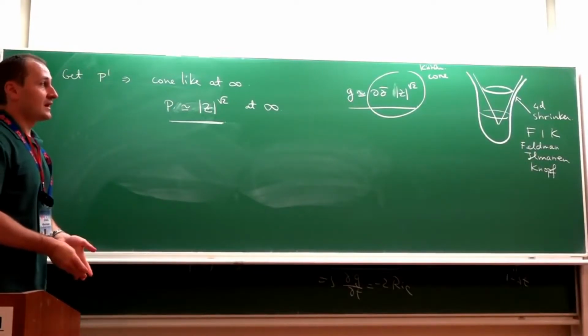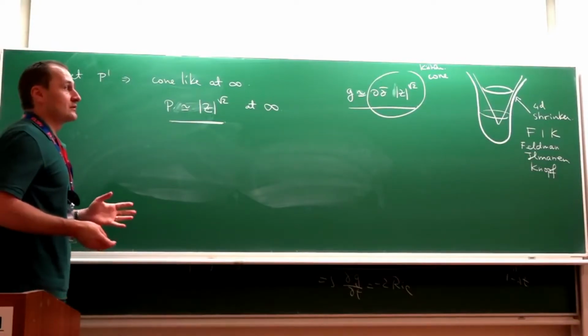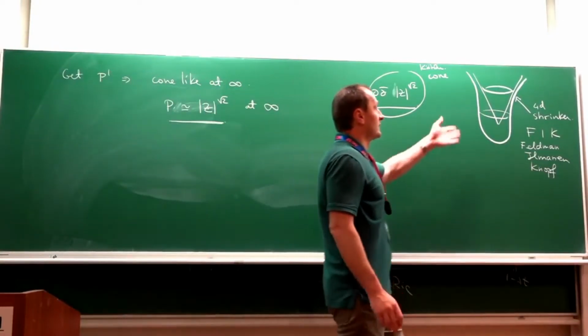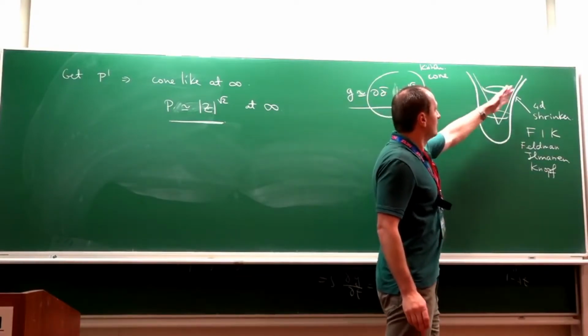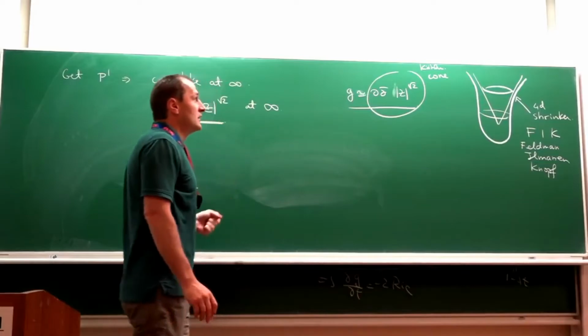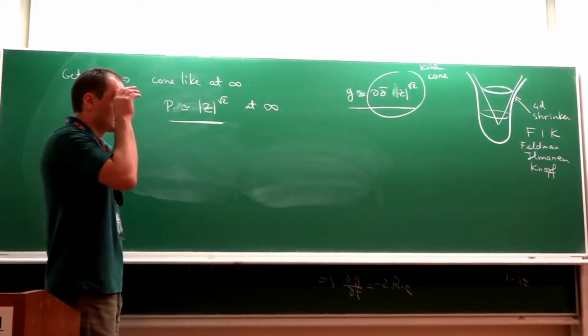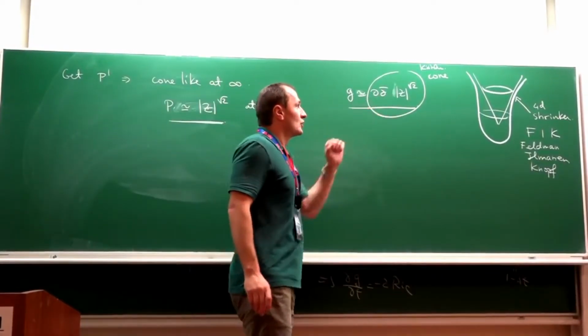I'm not too interested in that right now because all I care for the moment is how it looks like at infinity. So here it has some topology. At infinity it's asymptotic to a cone. And that's the Scalar metric of the cone.